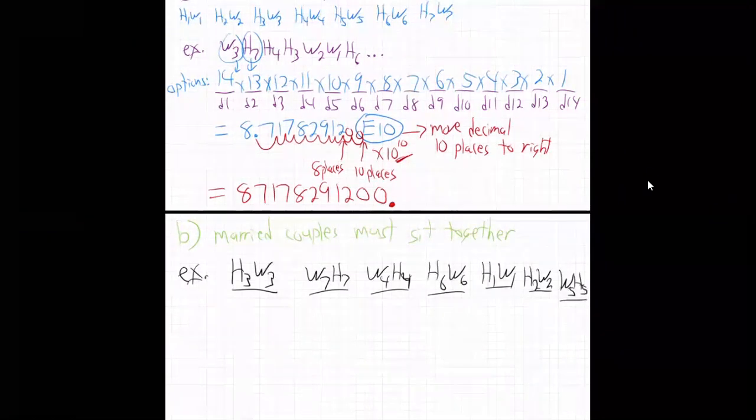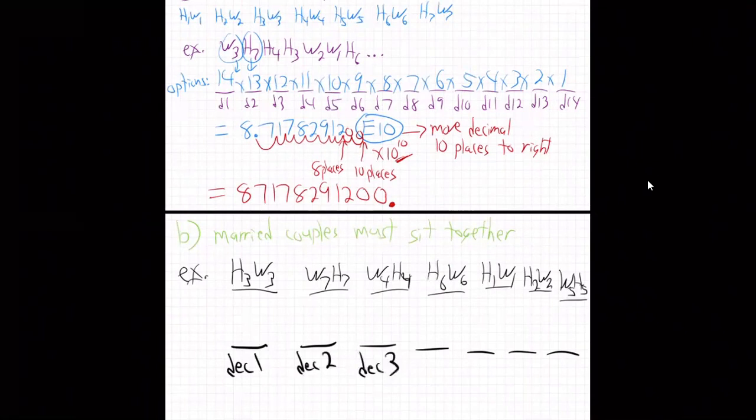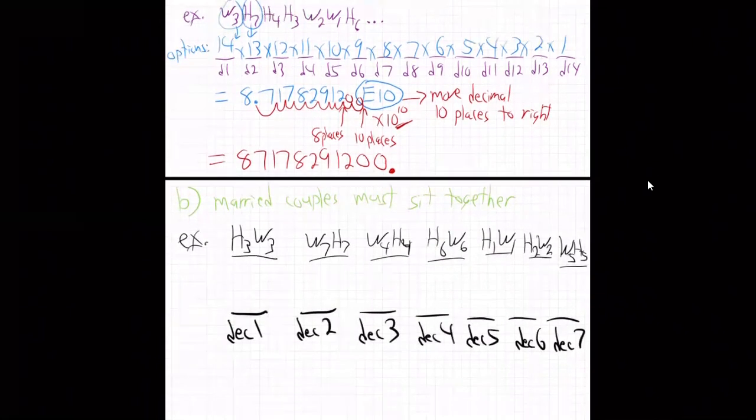So now let's think back to what I just did, and let's think about decisions and options. Because order matters. Whenever order matters, our thinking is decisions, options. If order doesn't matter, well, we'll do that in a little bit. So I made decision number 1, 2, 3, 4, 5, 6, and decision number 7. For my first decision, how many options?